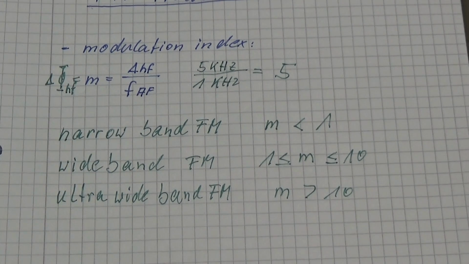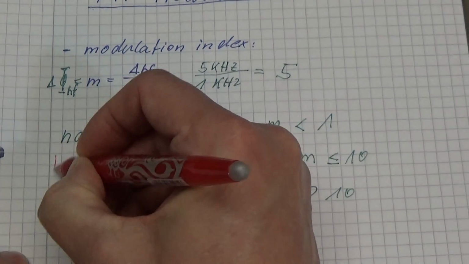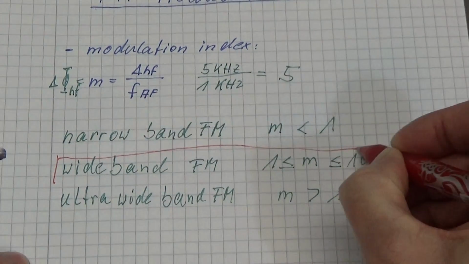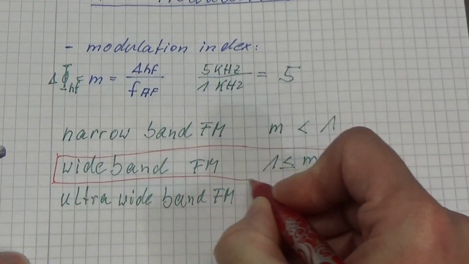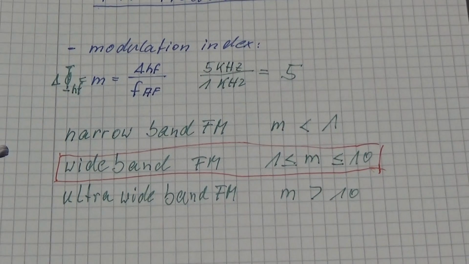So we are working on wideband, so that is quite normal in amateur radio, and that means we have a modulation index between, I don't know, 3 up to 7. So that means for us this here is the most important area where we work.